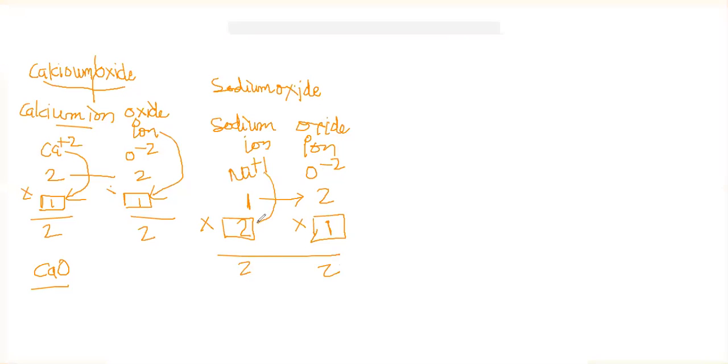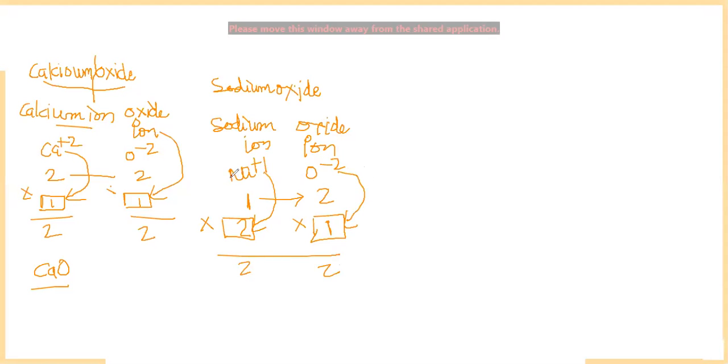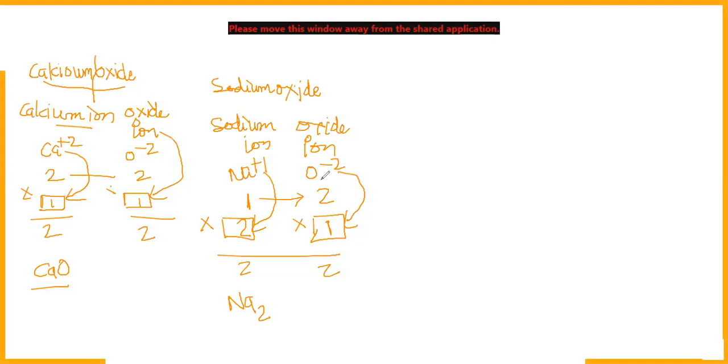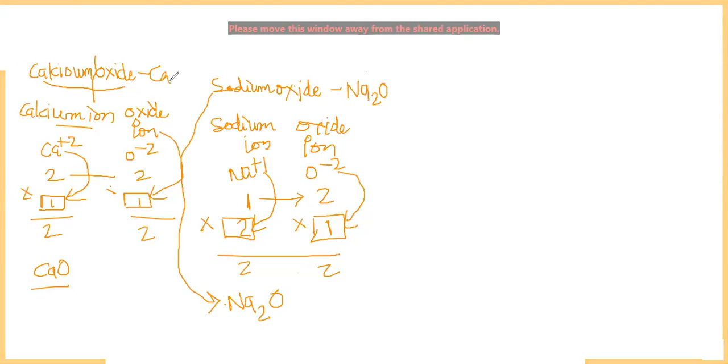So Na plus is needed 2 times and O minus 2 is needed 1 time. As Na plus is needed 2 times, we write Na, then 2, and then O. So Na2O is the chemical formula for sodium oxide, whereas calcium oxide is CaO.